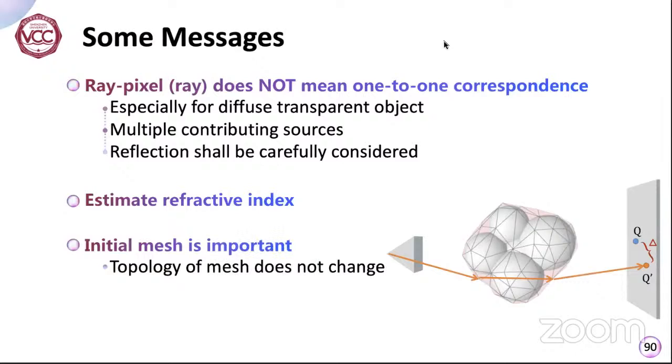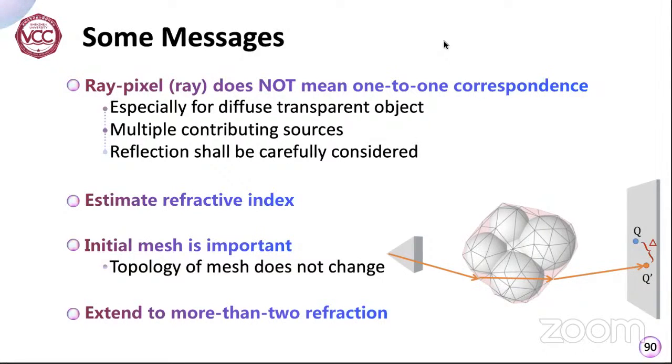Say the first message. Currently our acquisition system is in a very controlled lab environment. It's a single object in a dark room, with the display and the camera, so that we can more accurately capture this pixel-to-ray correspondence.